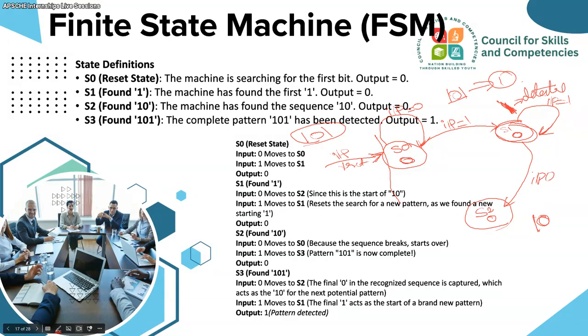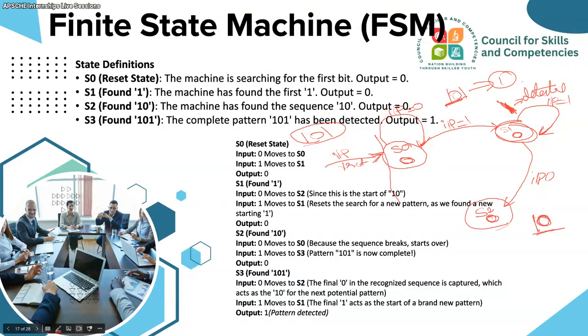So when the machine is in the second state, it has 10. Try to understand, we found 10, and we have only 2 bits. So for that only we are given 0.